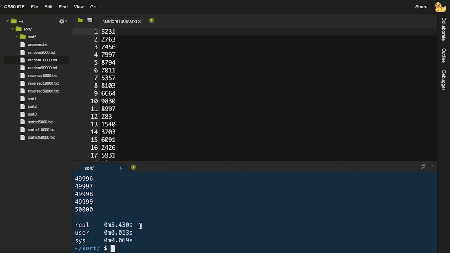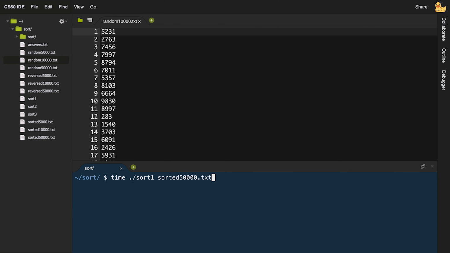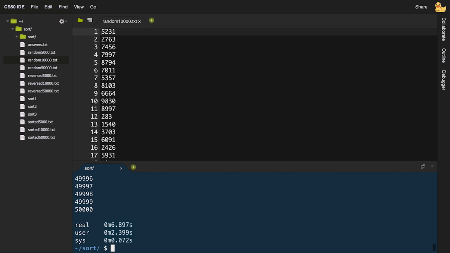But let's compare that then to sort3 on that same input, sorted50,000, and see how much time it takes for sort3 to do the same thing, sort these 50,000 numbers that are already in sorted order themselves. Whereas sort1 took about 3 seconds, it looks like this algorithm is taking closer to 7 seconds, more than double the amount of time required.